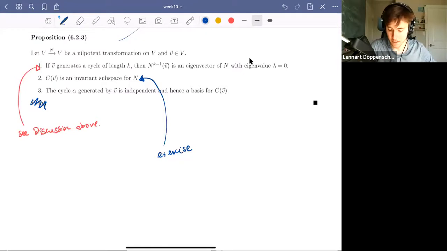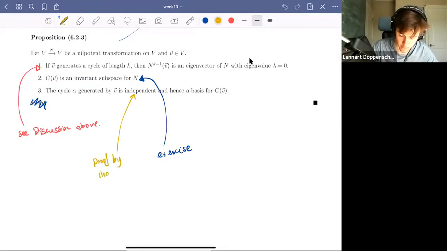The cycle alpha generated by a vector is independent, and hence it's a basis for the cyclic subspace. This one, number 3, can be proved by induction. But I think we'll not really look at this just because of time constraints.